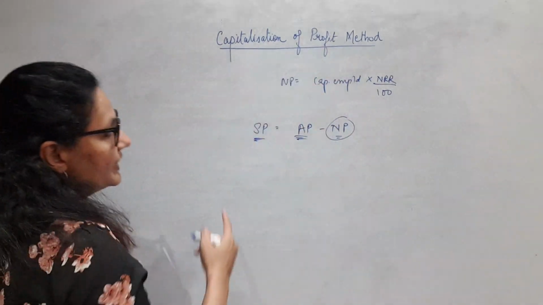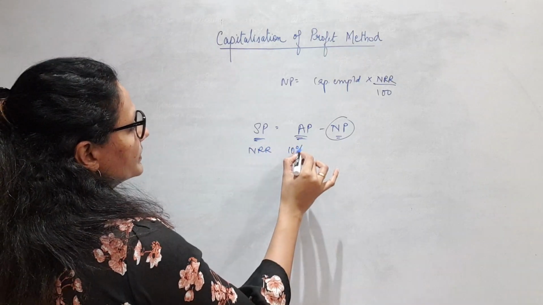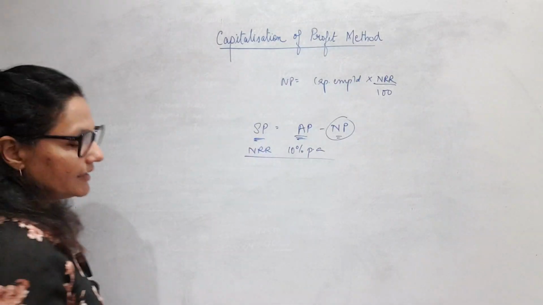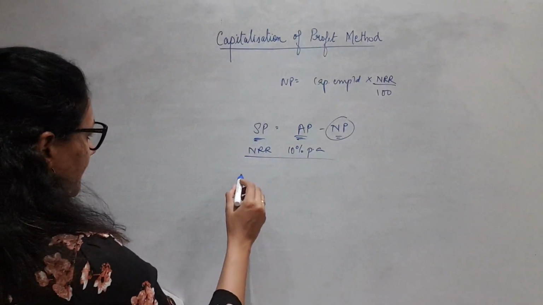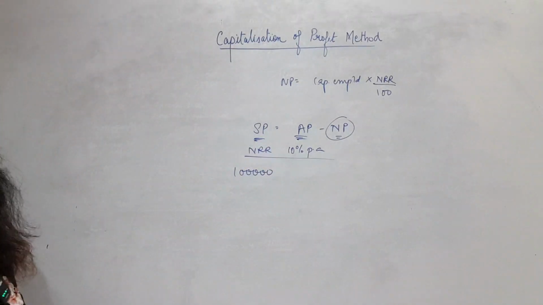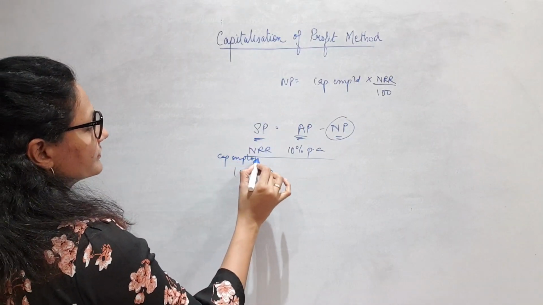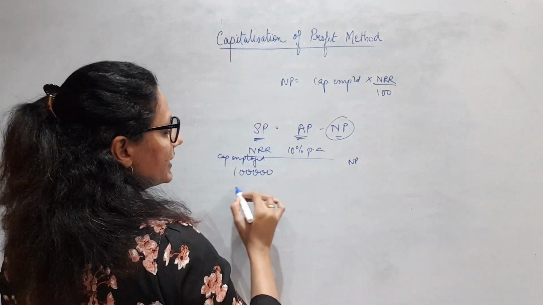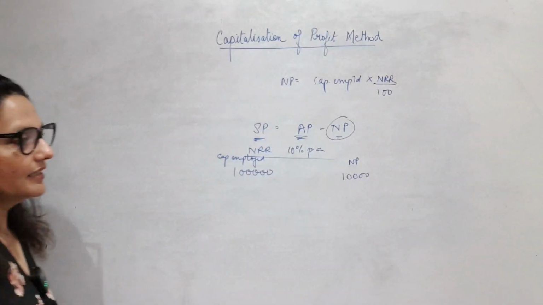How much capital should be employed to get this level of profit? For example, let us take the normal rate of return to be 10%. And I say that let the capital employed be 1 lakh. So you will say normal profit is 10% of this, which is 10,000. Correct?